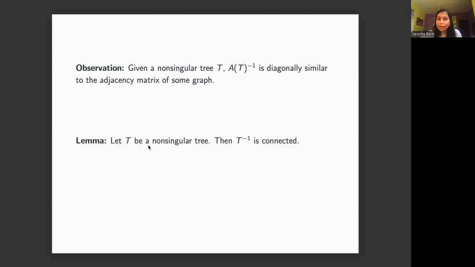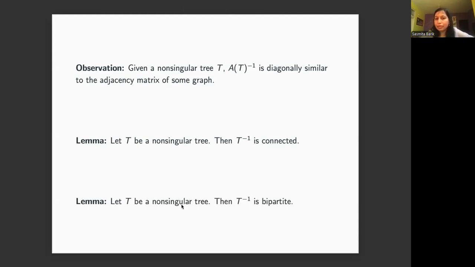And the second thing we observe is that if you take any non-singular tree, T inverse must be connected. So the first result says that T inverse exists, and the second result is that T inverse must be connected. Later we observe that T inverse must be bipartite.